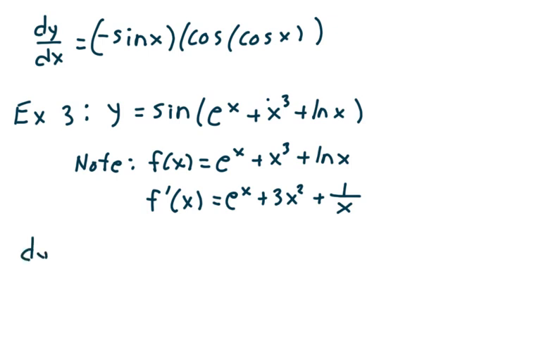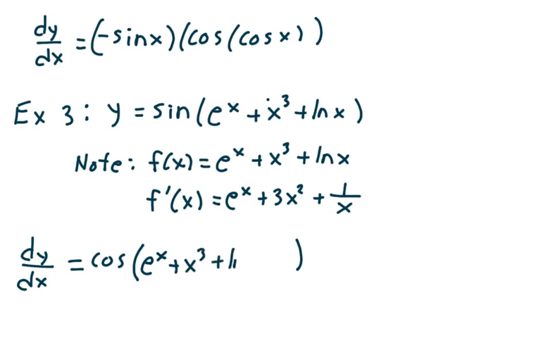So when I look at dy dx, I get cosine of f of x, right? In other words, I get cosine of that inside function. And the inside function is e to the x, right, plus x cubed plus natural log of x.